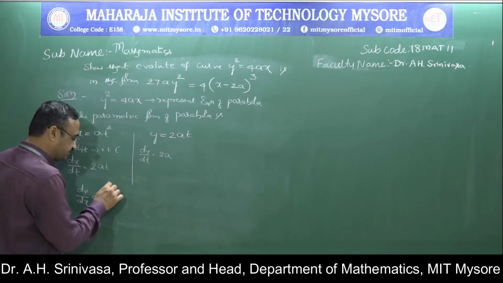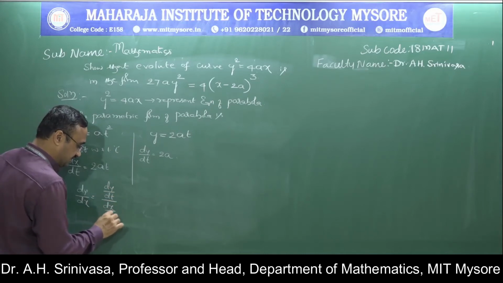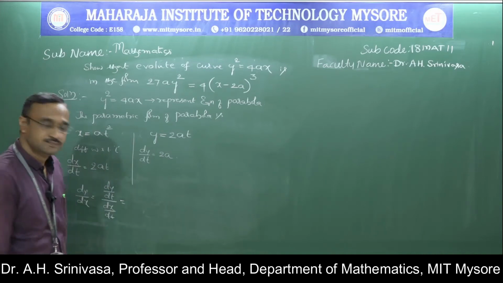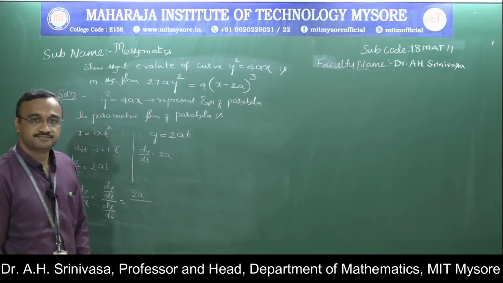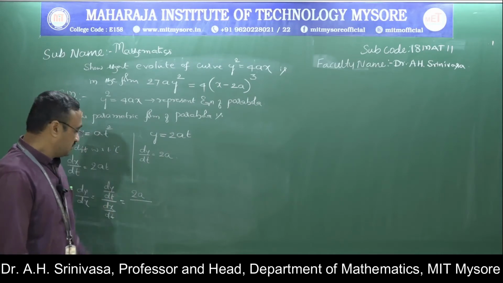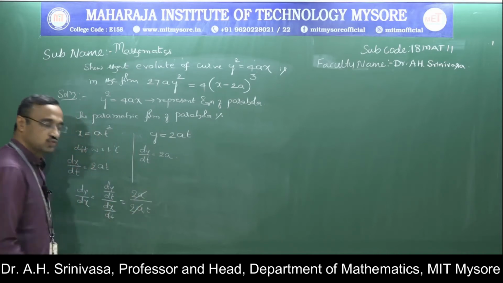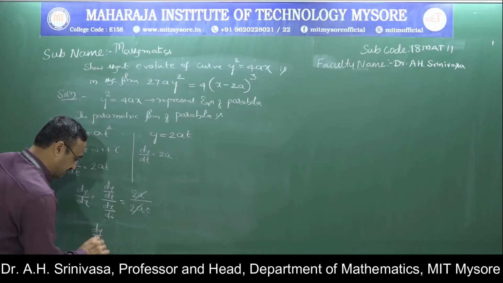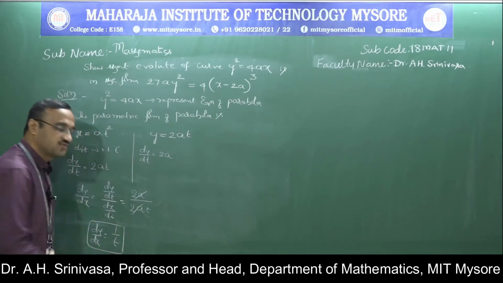It should be written as dy by dt, all divided by dx by dt. Here dy by dt is 2a, divided by dx by dt, which is 2at. Cancelling these two, we get dy by dx equal to 1 by t. Now I have the first order derivative in terms of t.